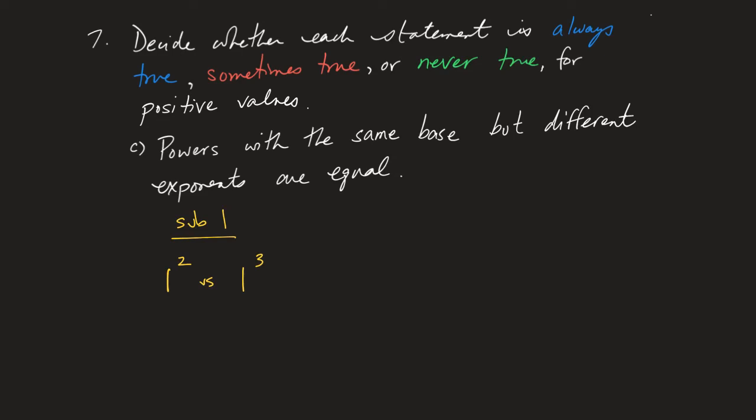Notice that that statement represents the statement in the question. Powers with the same base but different exponents. Now my statement says that they're equal. Well, if I calculate each of these, I get 1 and I get 1. Those are equal. At the very least, I ruled out never true.